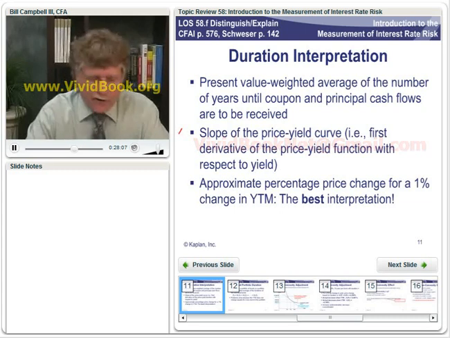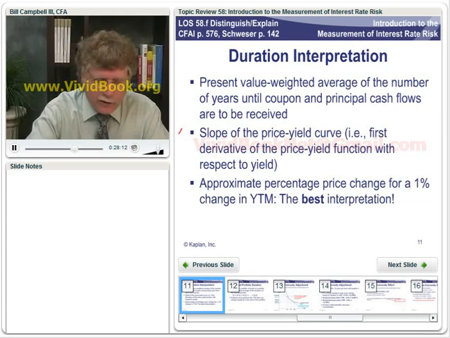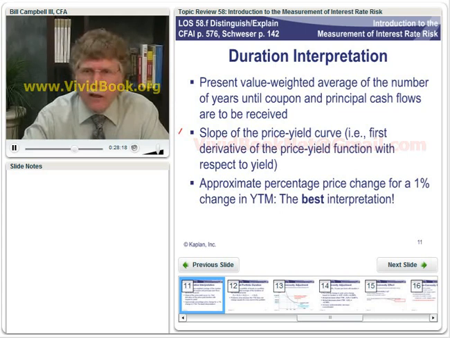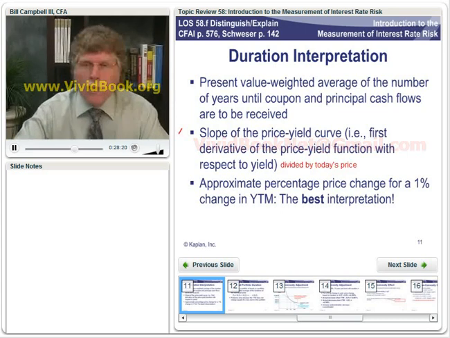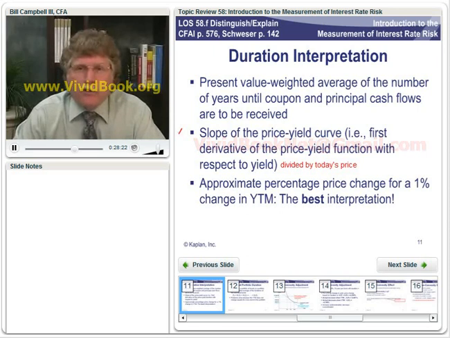Write down divided by today's price. If you took the slope of the price yield curve and you divided it by today's price, that would be the approximate percentage price change, and that would be a valid interpretation.